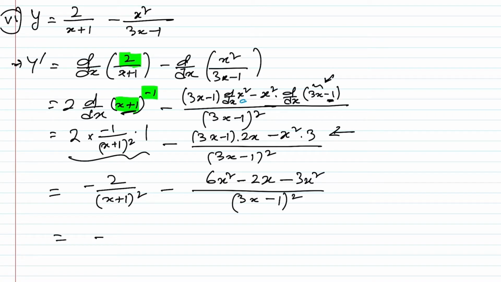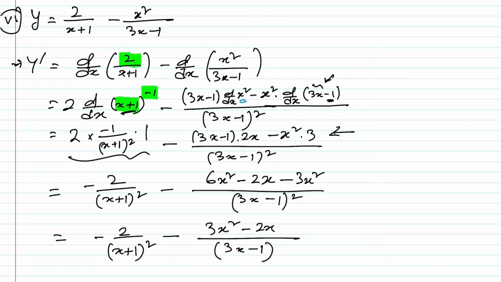That's going to be equal to minus 2 by (x plus 1) whole square minus (6x square minus 3x square minus 2x) by (3x minus 1) whole square. So that is our answer. Hope you have understood this. So now let's move on to the next question, question number 10.